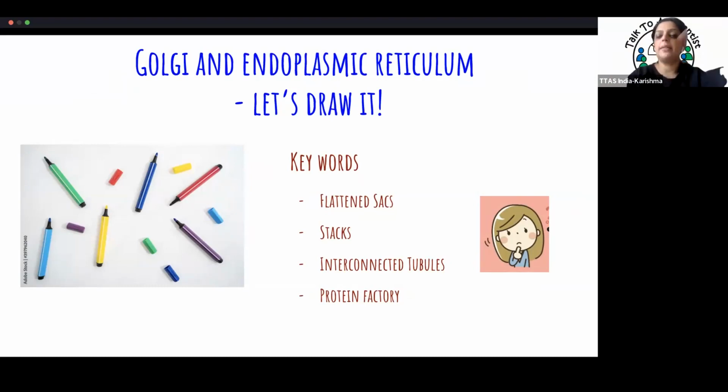So think of flattened sacks. Have you ever seen sacks of rice or sacks of wheat? Think of all of them piled on top of the other. That's your endoplasmic reticulum and Golgi. And that's where all these proteins and other molecules get packed and distributed. So it's like a post office or like a courier center. They get parcels of chemicals from all over the cell, and they distribute them all over the cell.